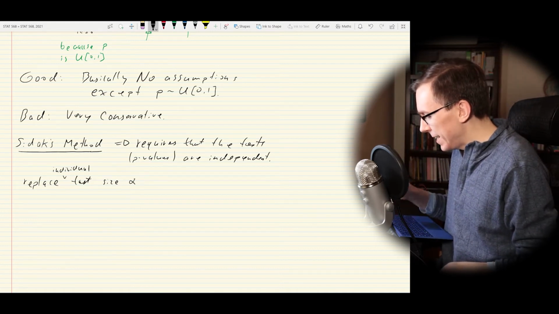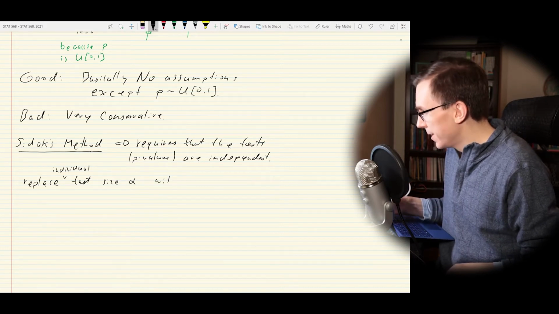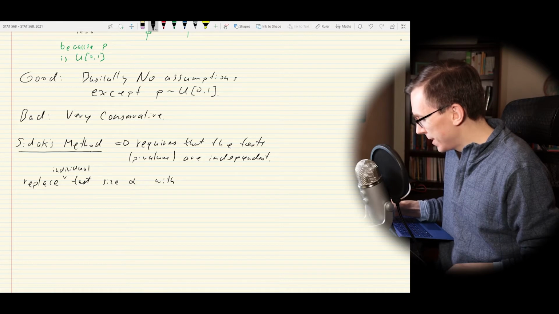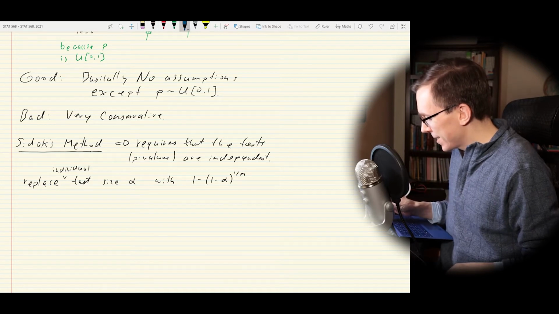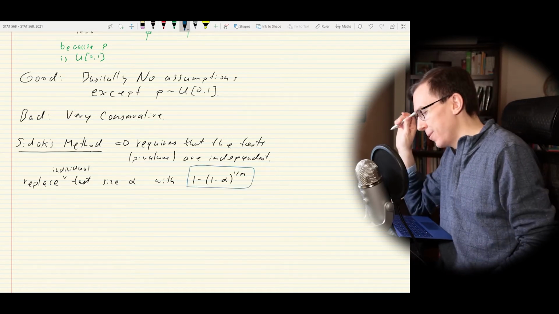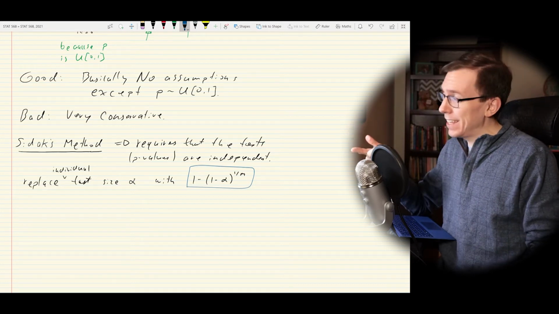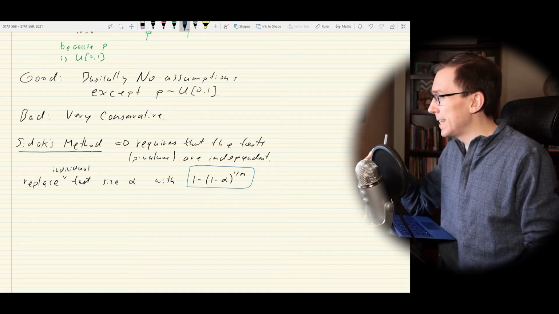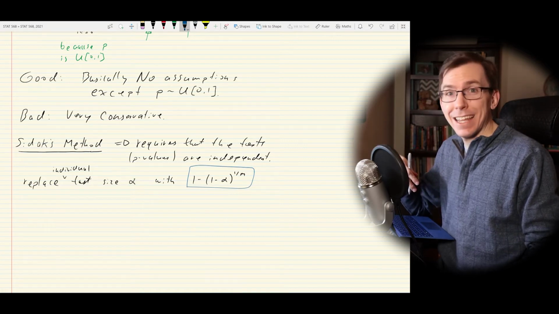So we replace the individual test size alpha with, what do we replace it with? 1 minus (1 minus alpha) to the 1 over m. Okay, so why do we do that? Well, if we work through the math, we're going to use that and the assumption of independence in order to control the family-wise error rate.